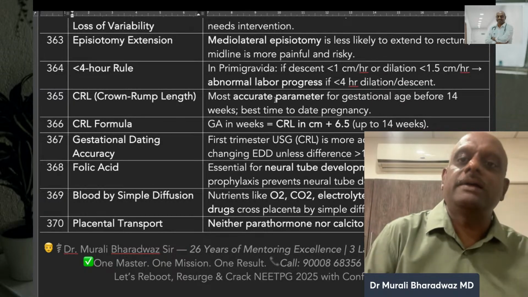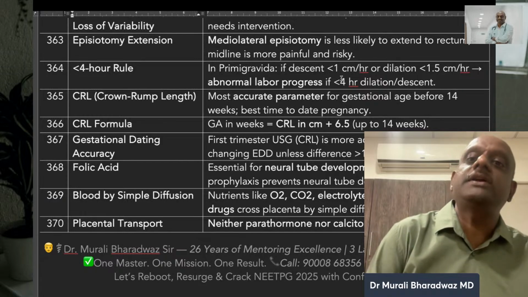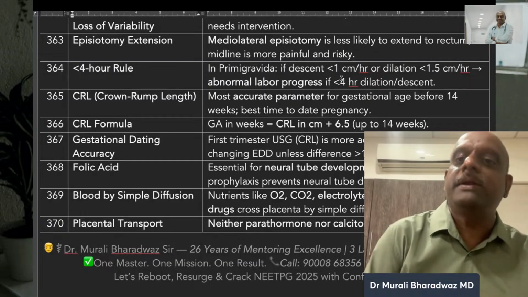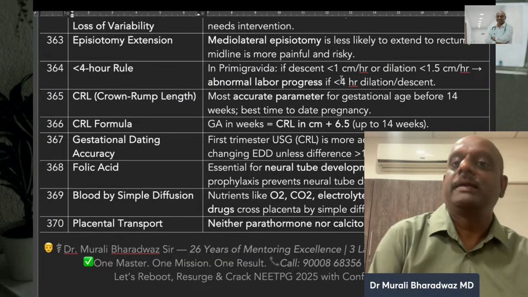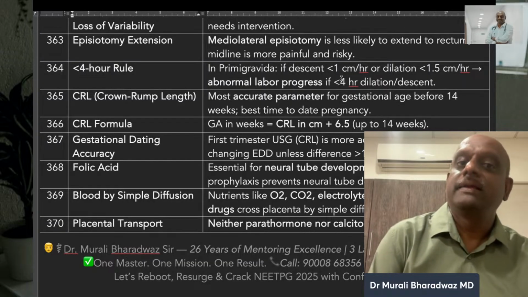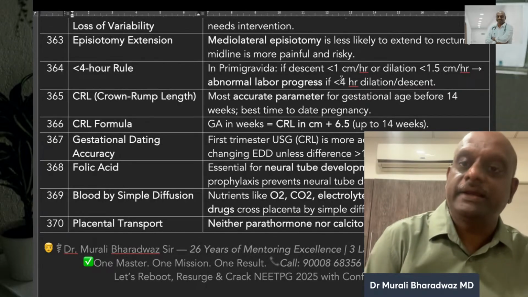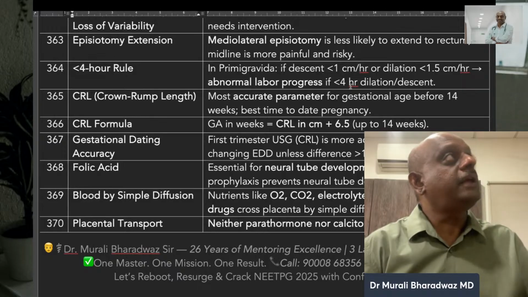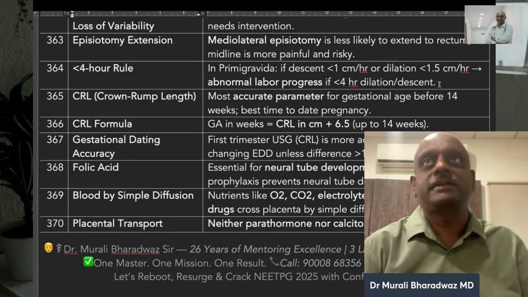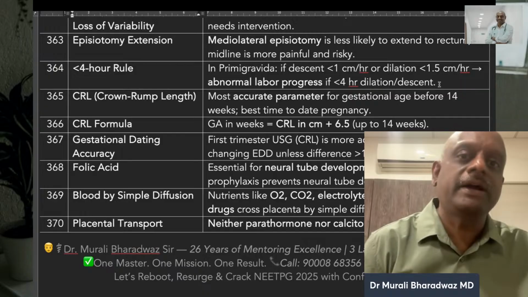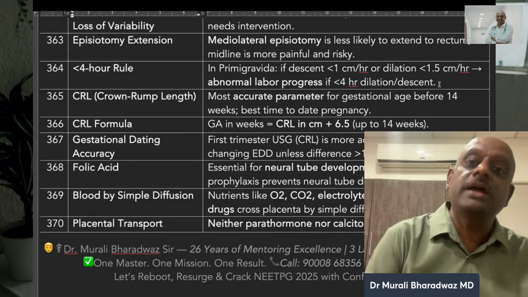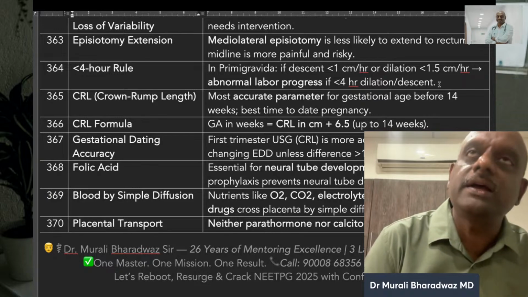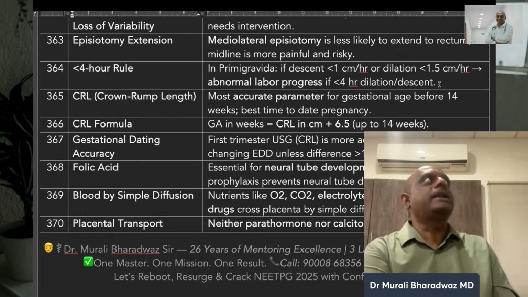In primigravida, if descent is less than 1 centimeter per hour, or dilatation is less than 1.5 centimeter per hour, and if the labor is taking more than 4 hours per dilatation and descent, that defines the 4-hour rule to call abnormal labor.